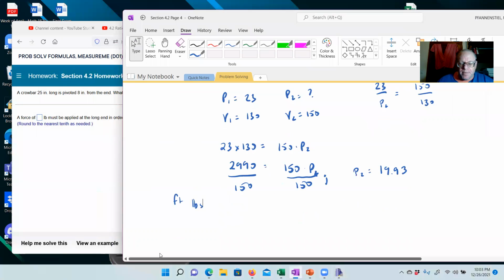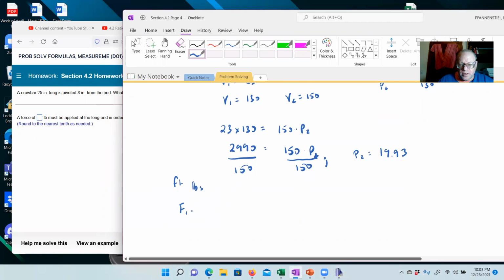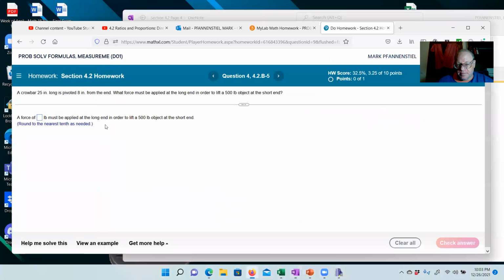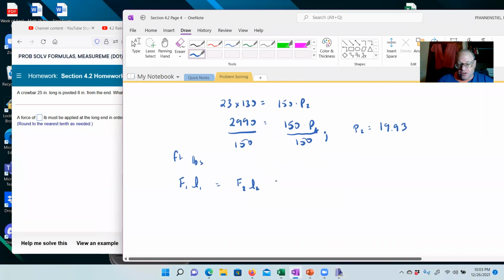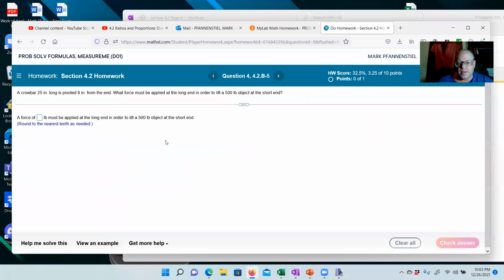So what we're looking at here is that we want the force and the length on one side to be equal to the force and the length on the other side in order to make this equivalent, to make the lifting power the same as the weight. The longer the arm, the more leverage you're going to have. So if I do some magic here, cross multiplying, this is going to equal L2 over L1. So we can see that's also an inversely proportional piece.